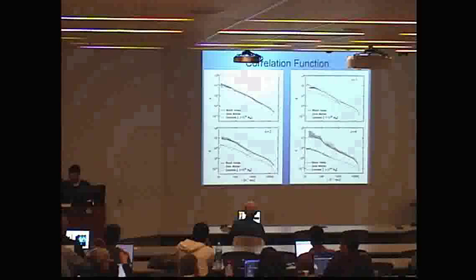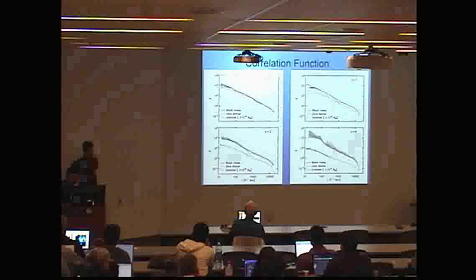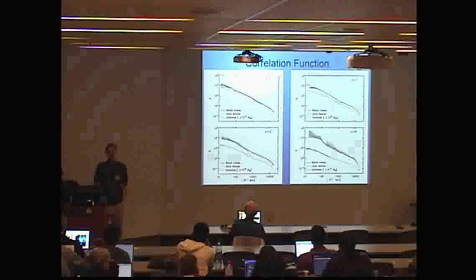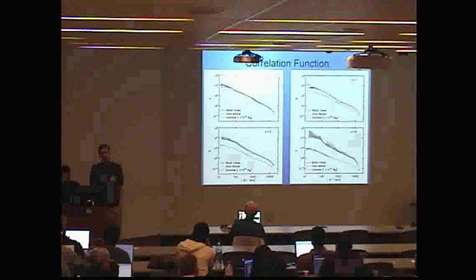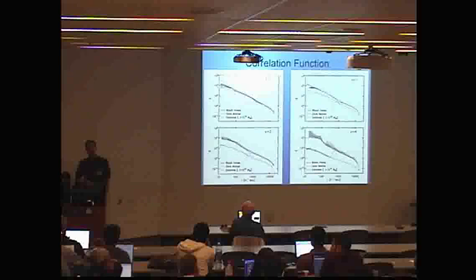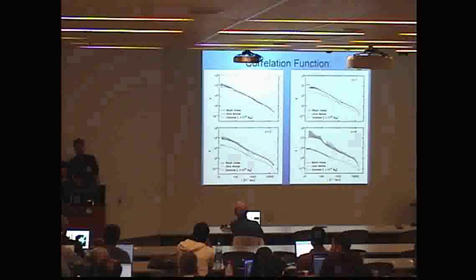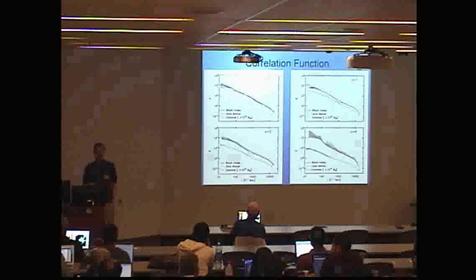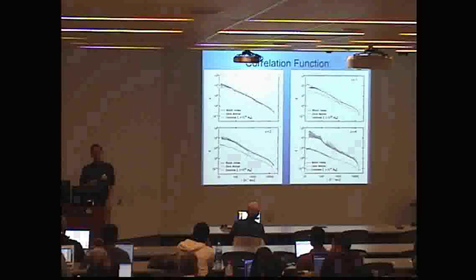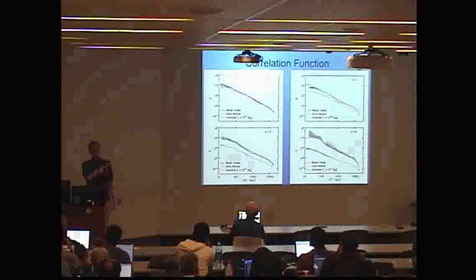Looking at the curve, the correlation function of black holes, which is the full line, and the correlation function of dark matter are basically one-on-one, which means that your correlation function of black holes, which are living in 10 to the 13 halos or 10 to the 12 halos, are not biased. And it's not strange to you because they should be biased by a factor of, let's see, in correlation function by a factor of 4.